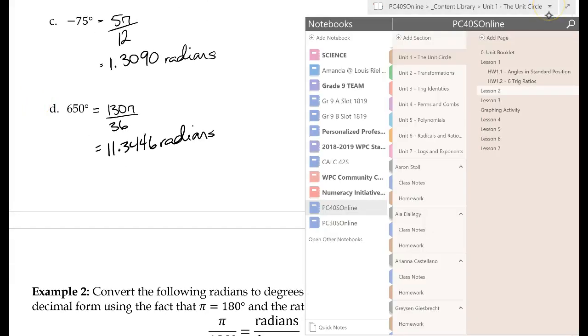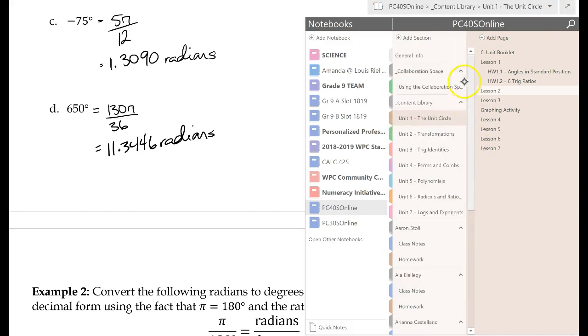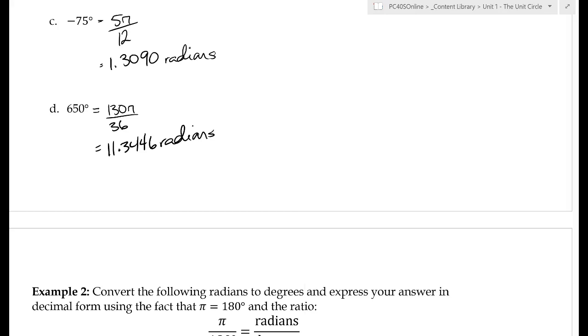So again, if you're not sure where that is, you would go up here and back to the original page where you can access the general info and where you've gotten into the course content library, there's also a collaboration space that you'll be able to access.